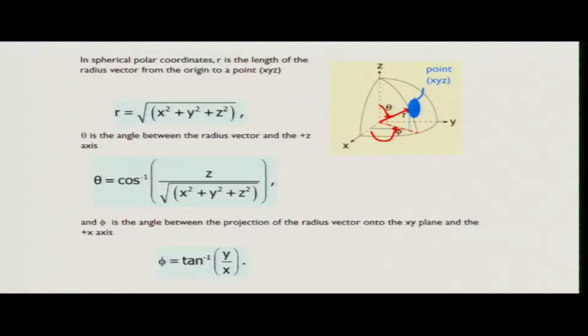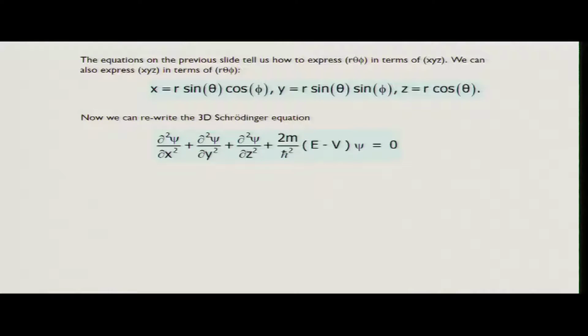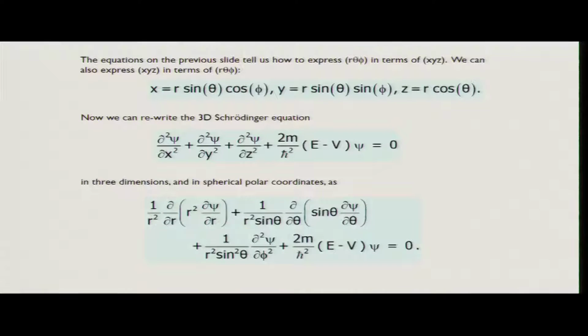So, phi is tan inverse y over x. The equations on the preview slide tell us how to express r, theta, phi in terms of x, y, z. We can also express x, y, z in terms of r, theta, phi. So, we can take advantage of that and write it out in the individual terms, and then we can rewrite the 3D Schrodinger equation in this form, where it is a function of x, y, z, the energy.